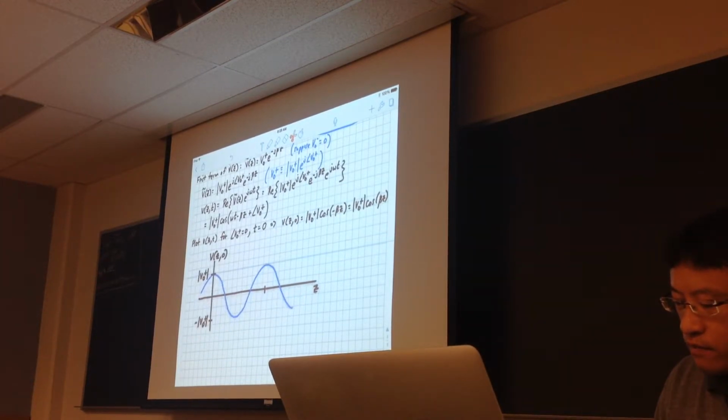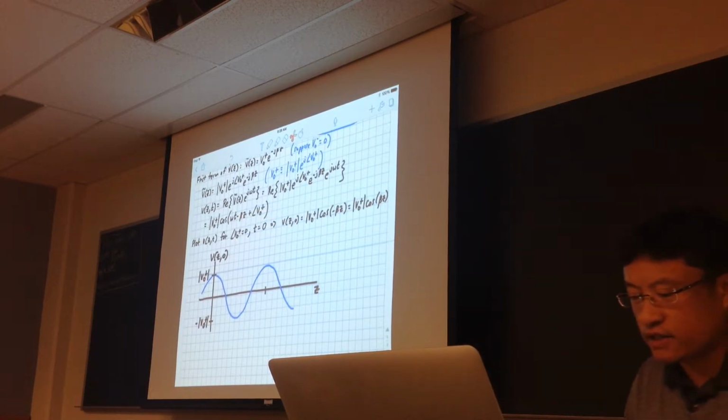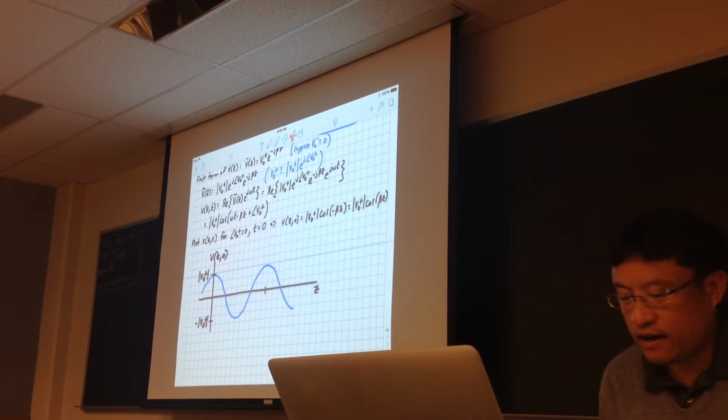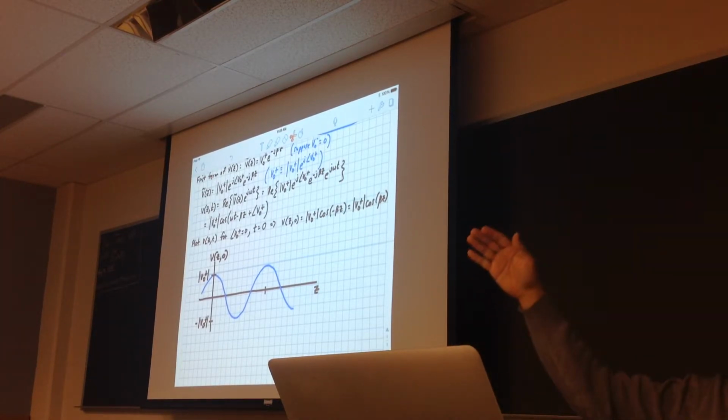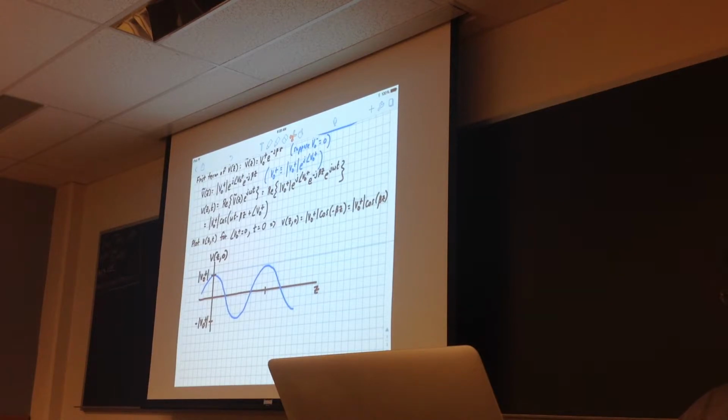If I were to plot that on the z-axis, well, I've got a cosine, and we know what the cosine wave looks like, right? We can sketch that. On the horizontal axis here, I've got the z-axis, or the z-coordinate, and on the vertical axis, I'm plotting the voltage, V of z, time equal to 0.